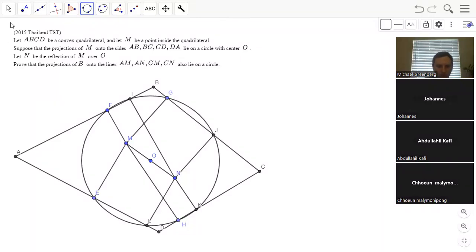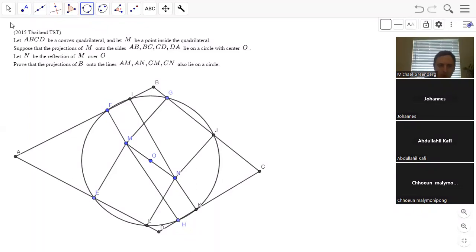So we want to show, so angle CMD is CMH plus TMH, which is CGH plus DEH.